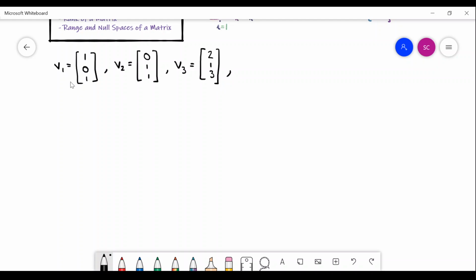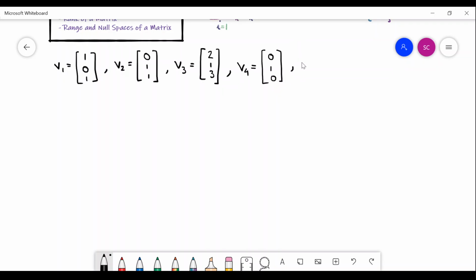If I give you these three vectors, then there is a possibility that these three vectors can be independent of each other. They might also be dependent, but there is a possibility that they are independent. If I add a fourth vector, then of course the set of these four vectors will not be independent, right?